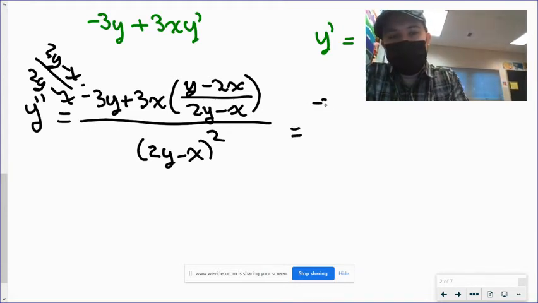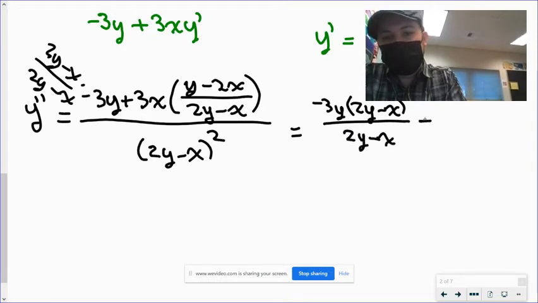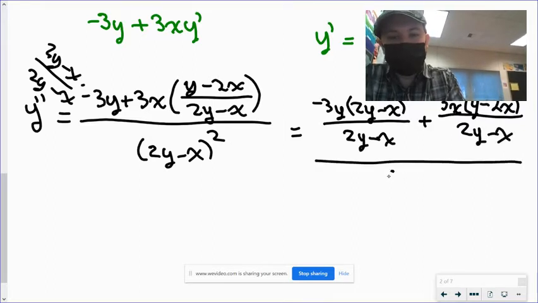So I get negative 3y times 2y minus x over 2y minus x plus 3x times y minus 2x over 2y minus x. And this is all over the denominator, 2y minus x quantity squared.